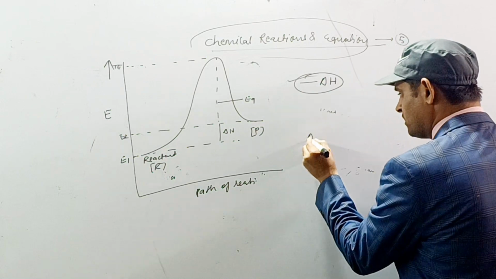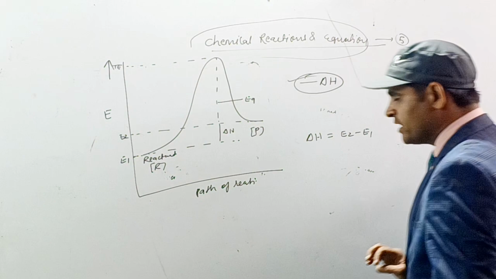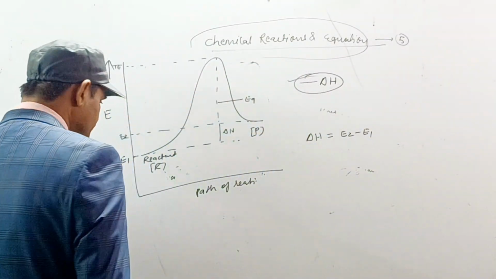Now del H is equal to E2 minus E1 in this curve.